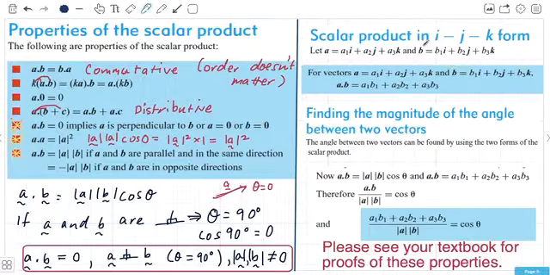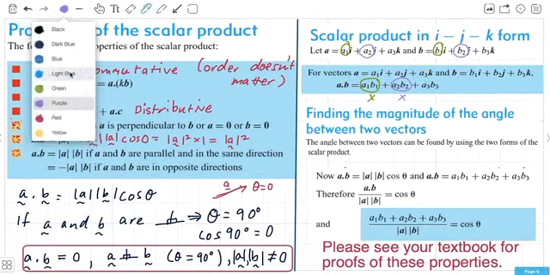Now, when you're doing the scalar product, all you have to do is take the coefficients of i, which I'll circle in green, and multiply them together. Okay, so they're multiplied. We then add the coefficients of j multiplied together. So they've been multiplied.